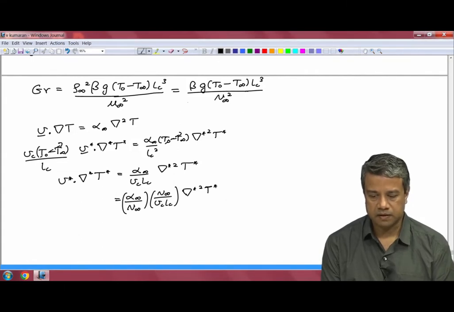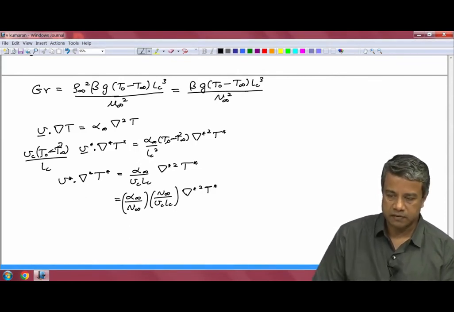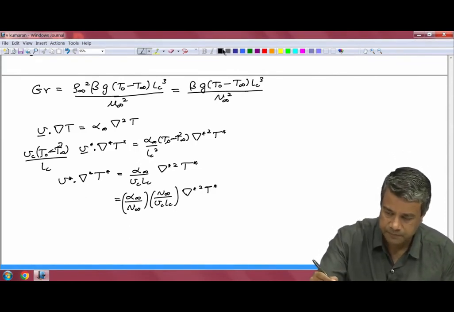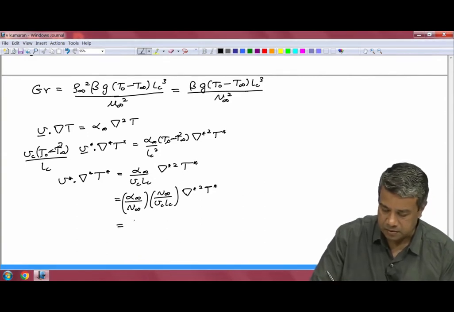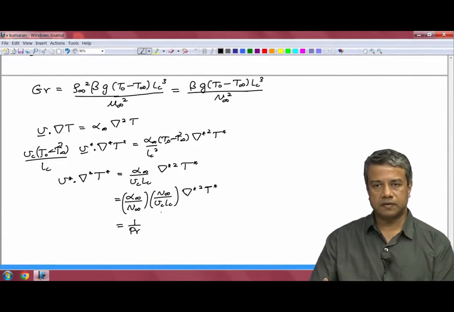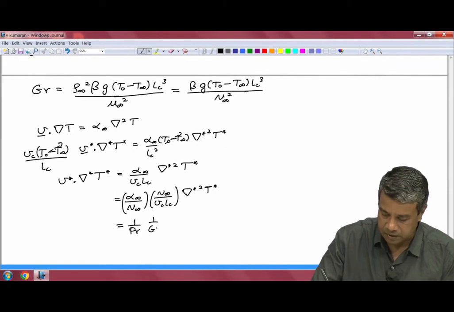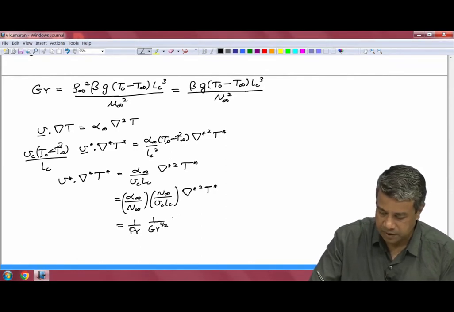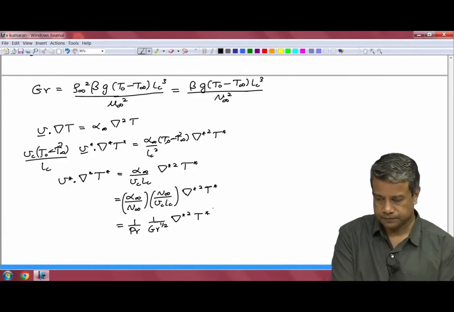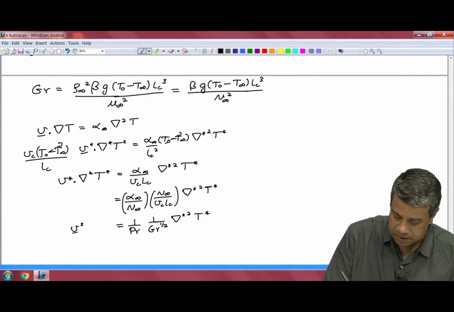Prandtl number is momentum by thermal diffusivity, so thermal by momentum is the inverse of the Prandtl number. So, this is equal to 1 by the Prandtl number. Nu by VL is 1 over the Reynolds number, and as I told you earlier, this is equal to 1 over the Grashof number to the half. So, this is the energy balance equation.